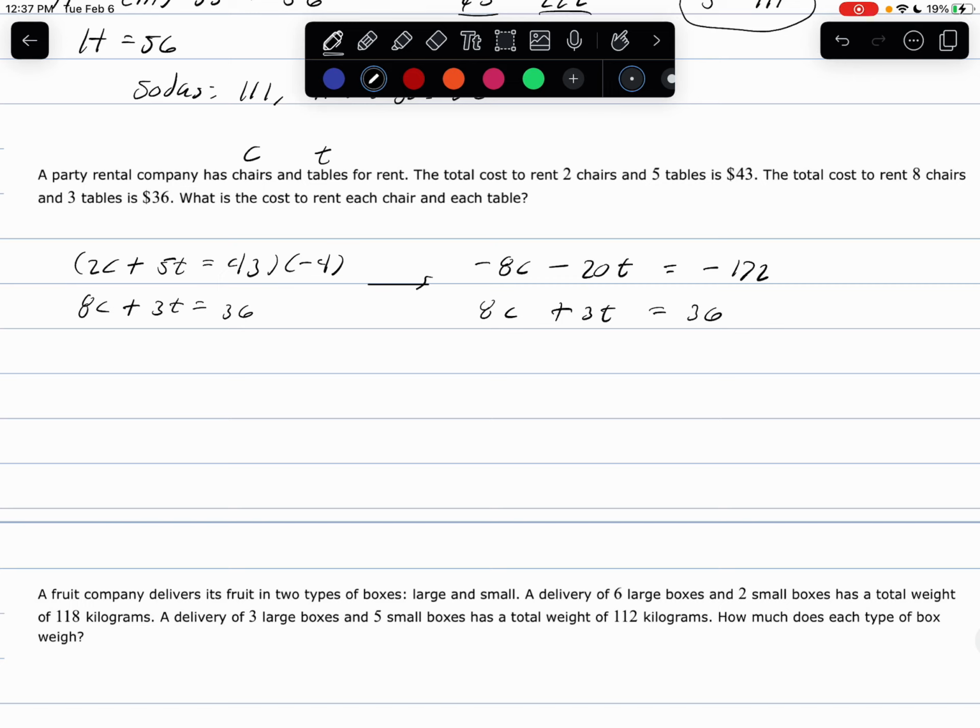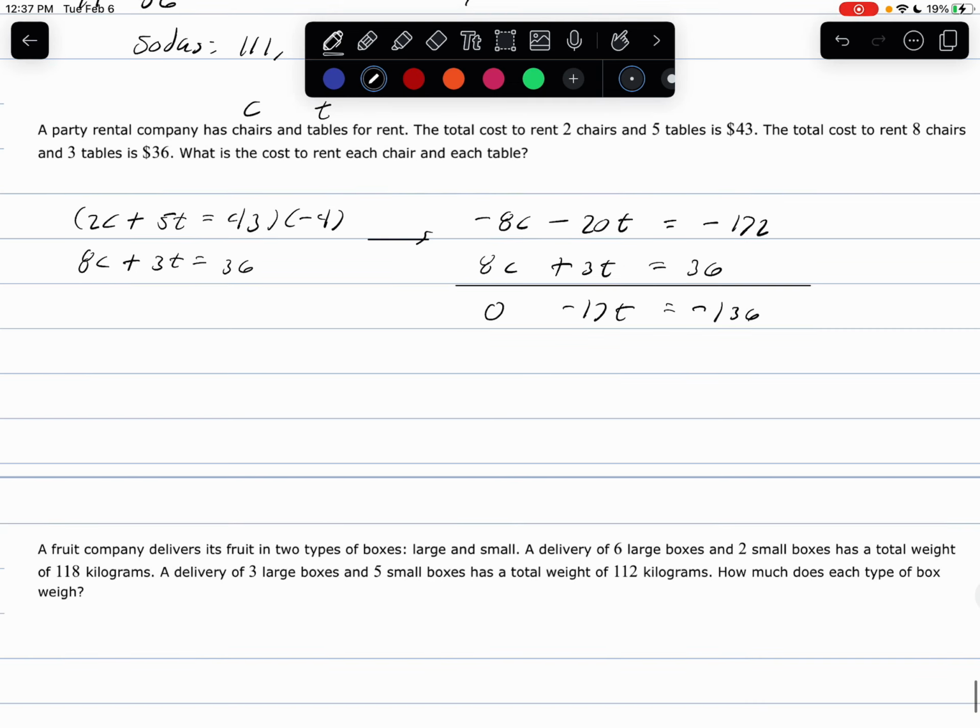So if we go ahead and add these two together, we'll get -8C plus 8C, that's 0. -20T plus 3T, that's -17T. And then we have -172 plus 36. That's going to give us -136.